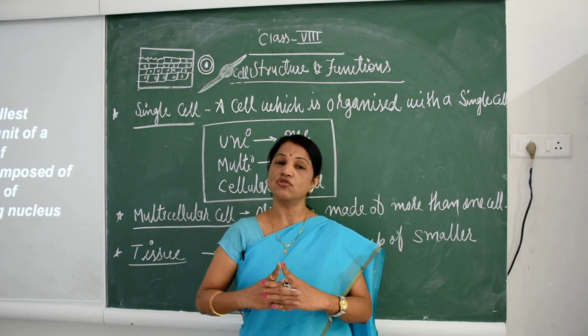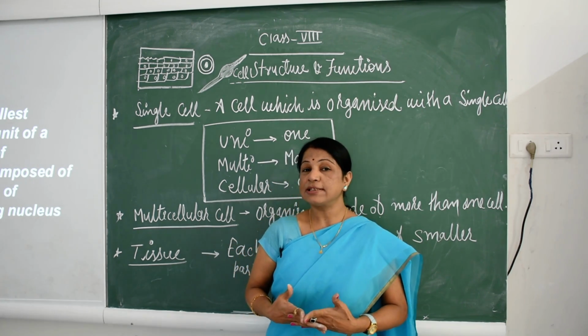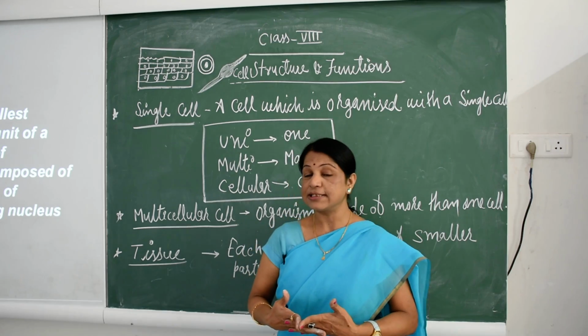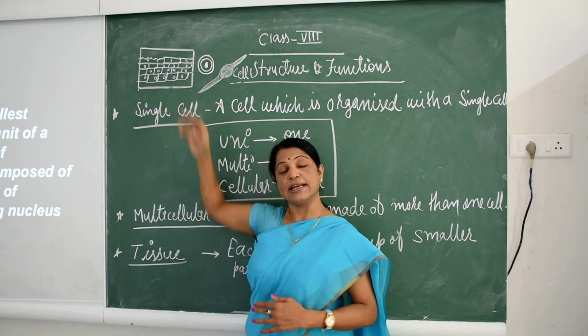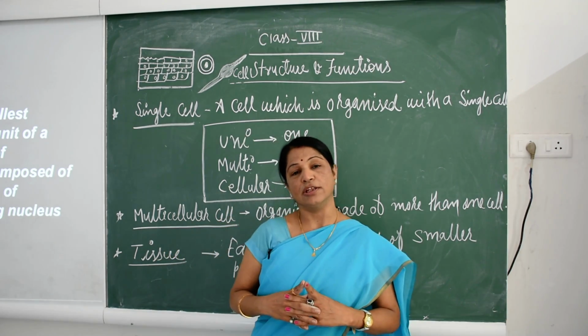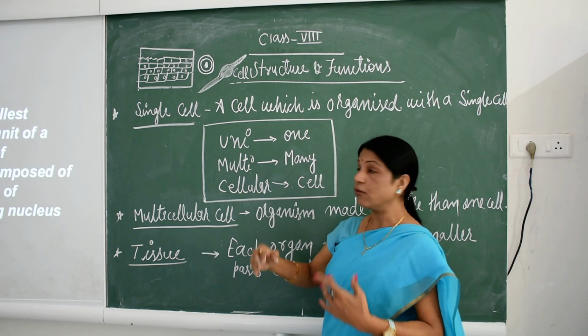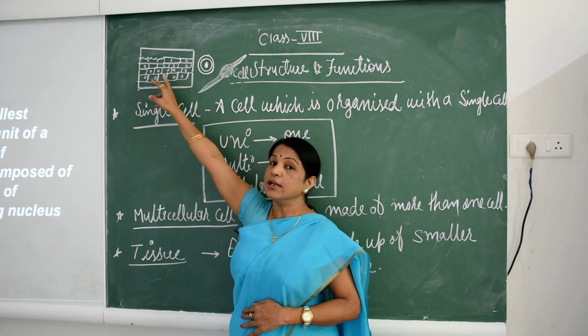Especially today we are going to talk about the animal cell and the plant cell. These have this type of slides when we see them under a microscope. Today, first I start with a few difficult words. Here is shown the picture of the onion cell.